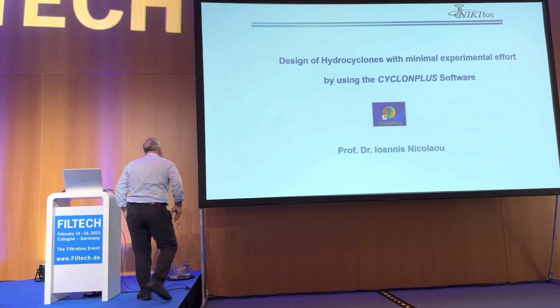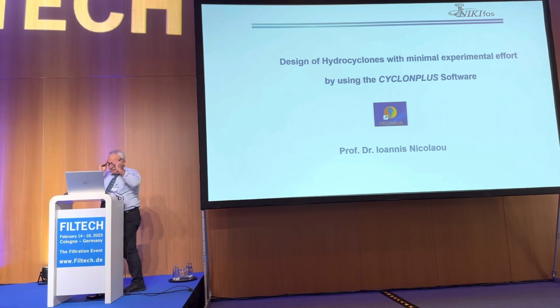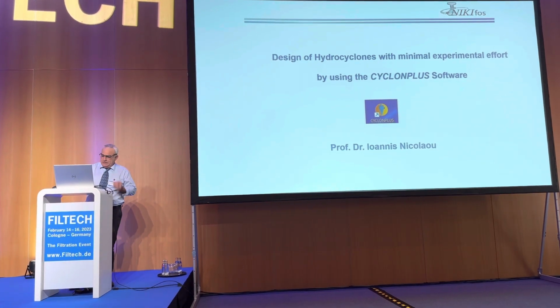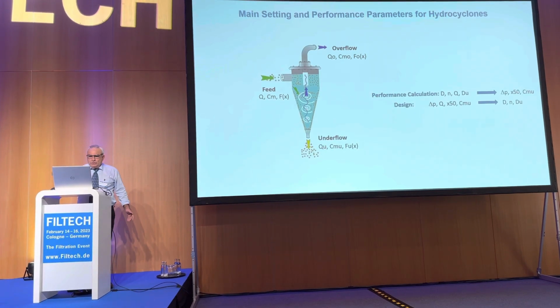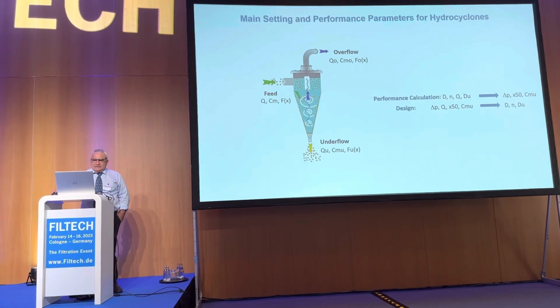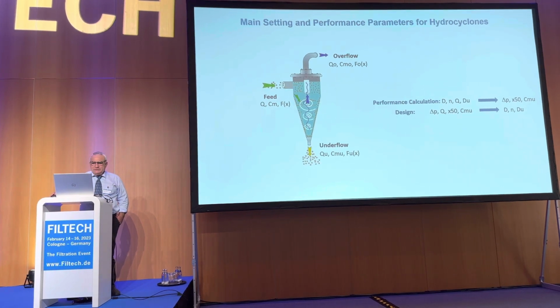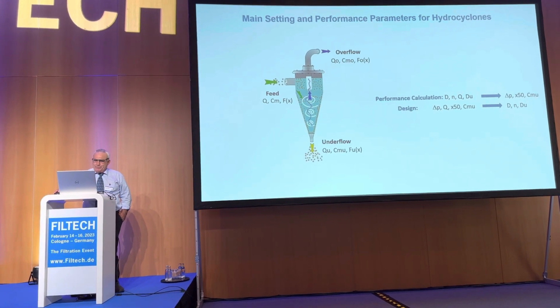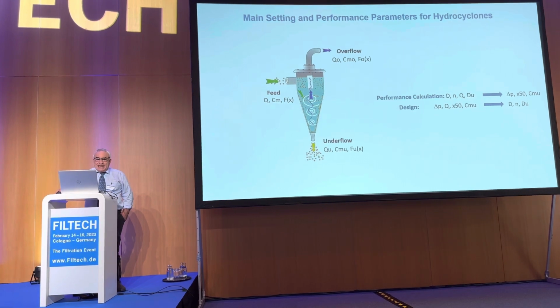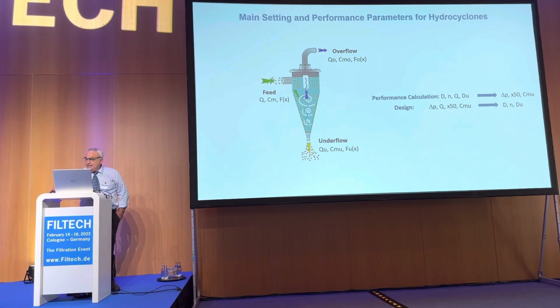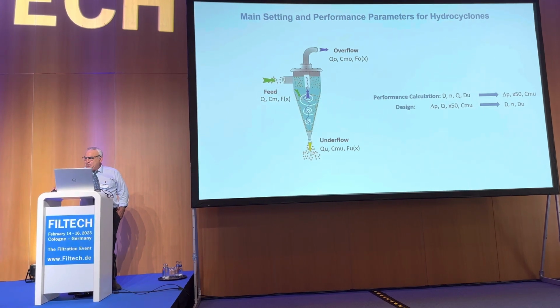Here, what we want regarding a design. So you see the hydrocyclone, we have a definite feed, a definite volume flow rate, cubic meters per hour or liter per minute, liter per hour, a definite solid mass fraction in the feed, and a definite particle size distribution by mass.